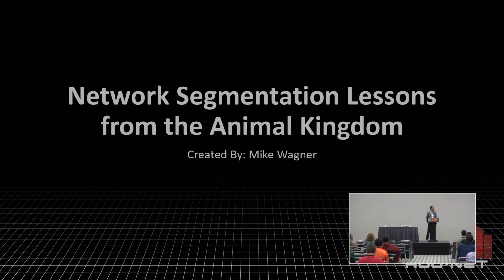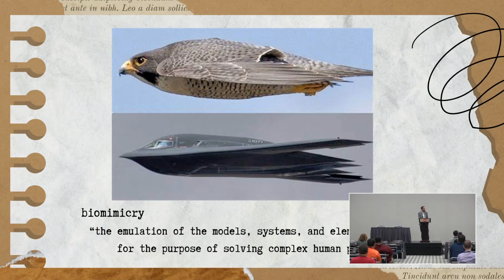The topic today is going to be network segmentation lessons that we can learn from the animal kingdom. Before we get started, to center in on a theme and the focus for today, it's really around this concept of biomimicry.